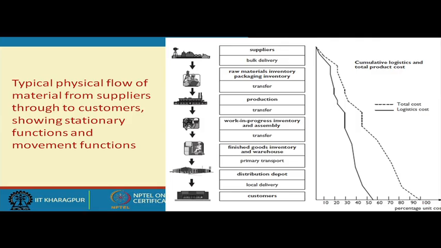This is a typical scenario. So, it can be understood how important it is to optimize and minimize this total logistics cost, so that ultimately either the cost of the item decreases or more profit is made by the members in the supply chain.